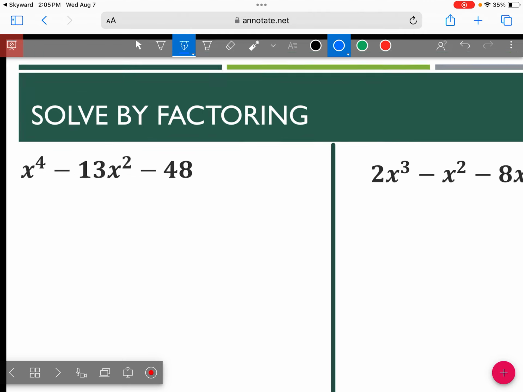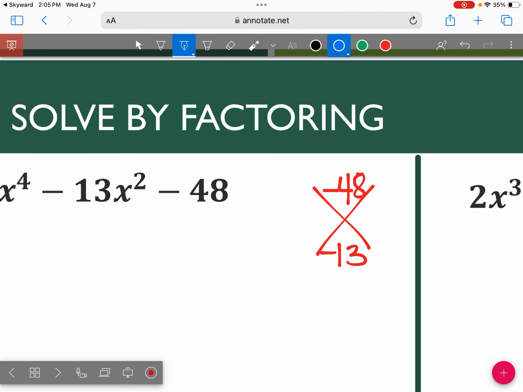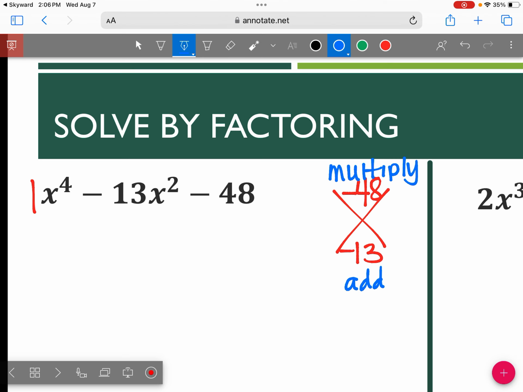So for this one, we're going to factor this down. A is 1. So you need to figure out 2 numbers that multiply to negative 48 and add to negative 13. They multiply and add. So don't say it out loud, but I want you to see if you can think of the 2 numbers.